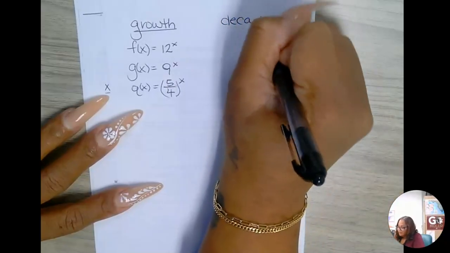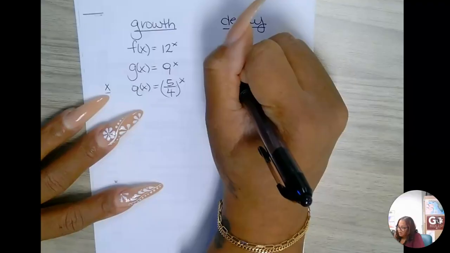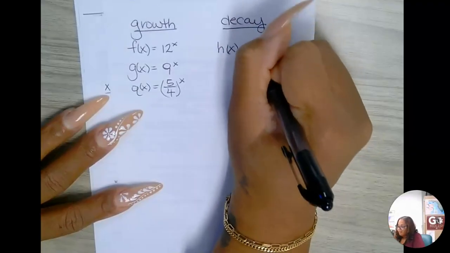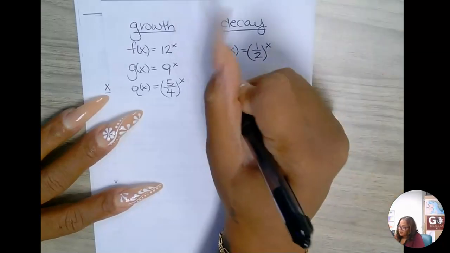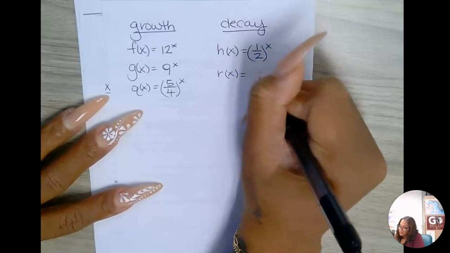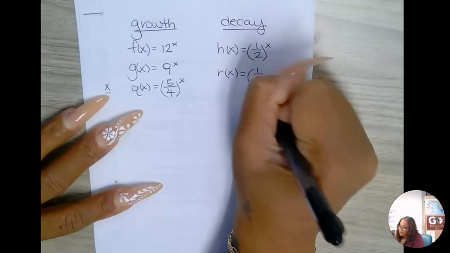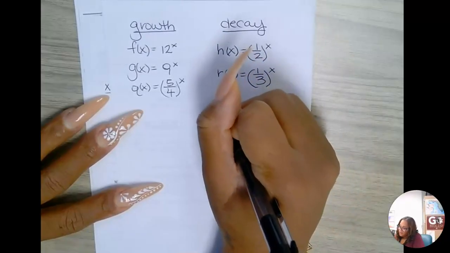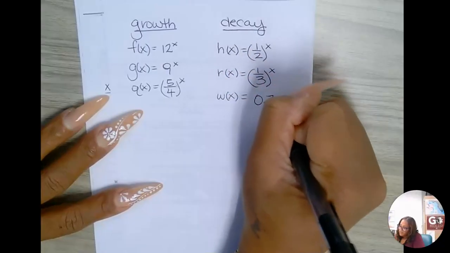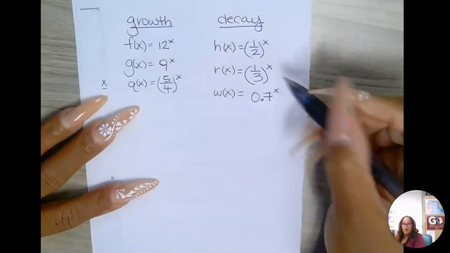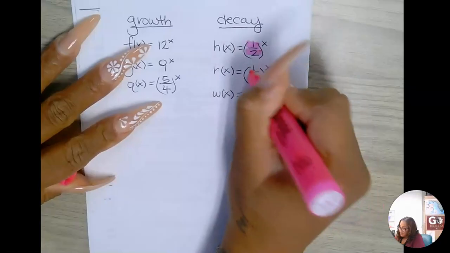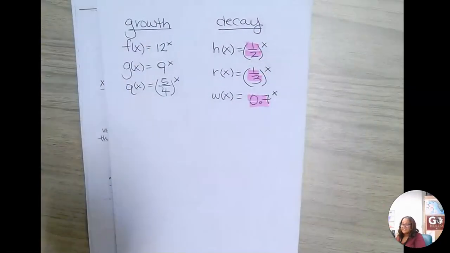Decay functions are h of x equals 1/2 to the x power, r of x equals 1/3 to the x power, and w of x equals 0.7 to the x power. All of these values here at the base of your exponent are less than 1.